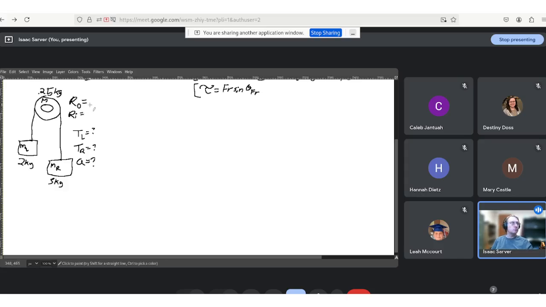Radius for the outer, we'll go 10 centimeters, which is 0.1 meter, and inner will be 5 centimeters, 0.05 meters. Alright.